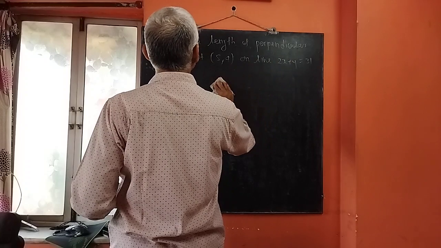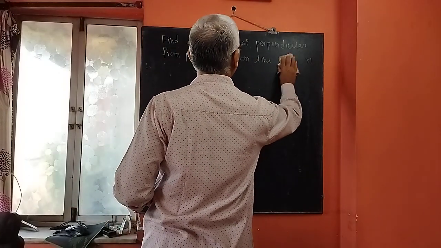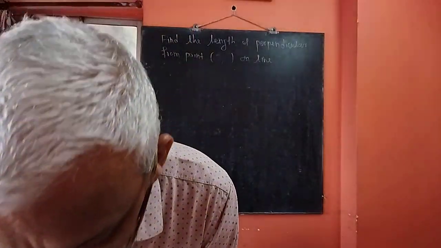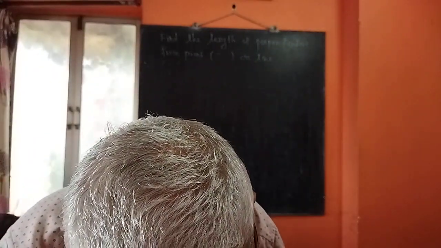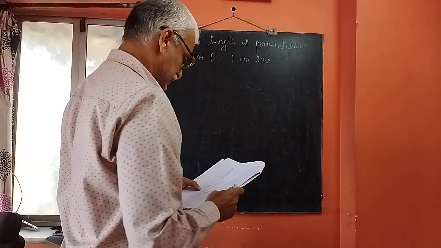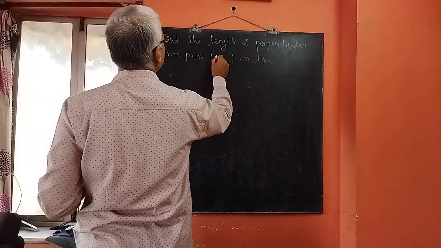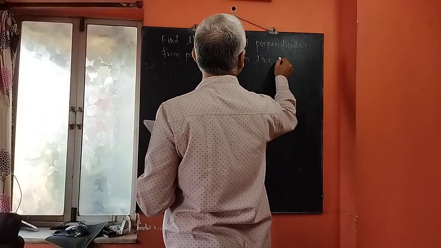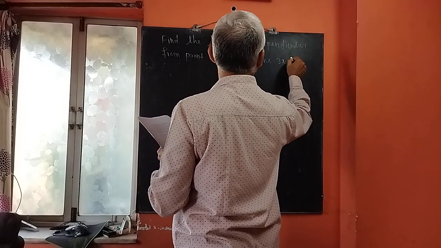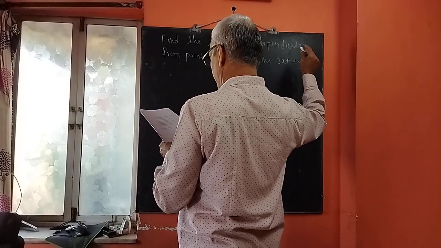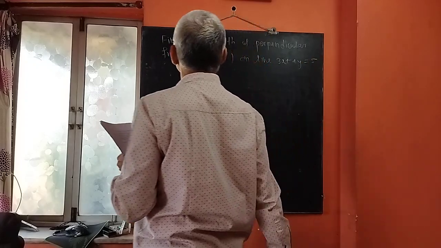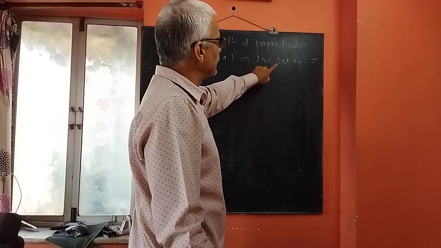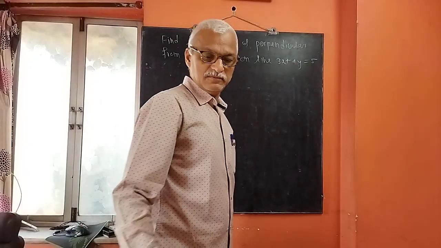Find the length of perpendicular from the point (3, 4) on the line 3x plus 4y equals 5. You have to find the length of perpendicular from the point (3, 4) on the line 3x plus 4y equals 5.